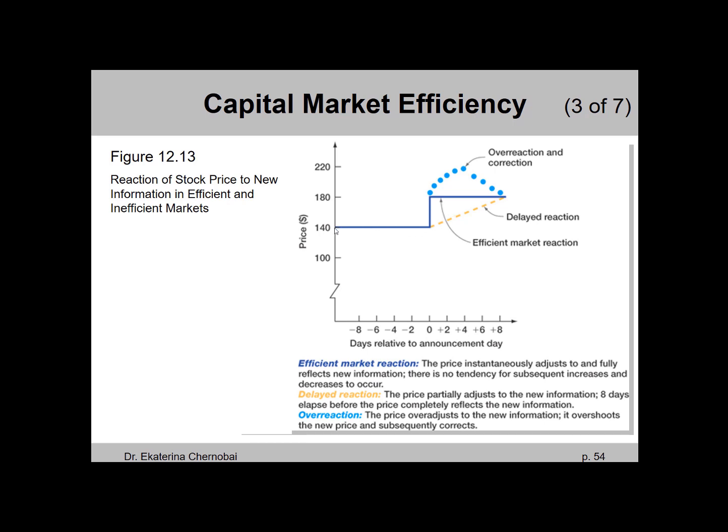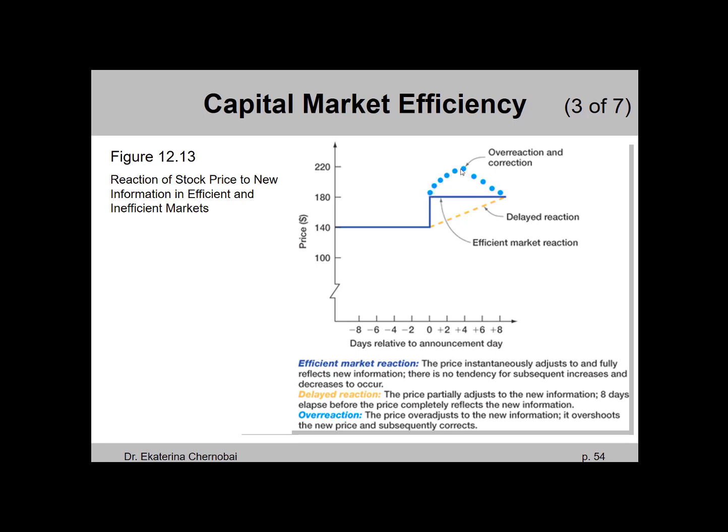Okay, so we have kind of 3 ways how the price goes up following this announcement on the announcement day. We have a step, the solid blue line. If the step happens, the price immediately jumps to 180 per share. Then we have the light blue dotted line.